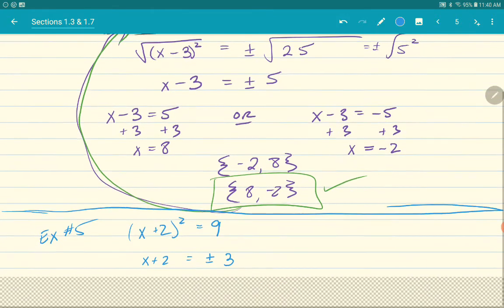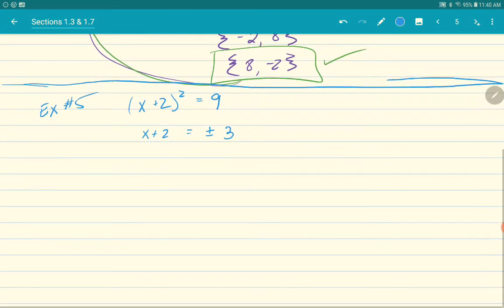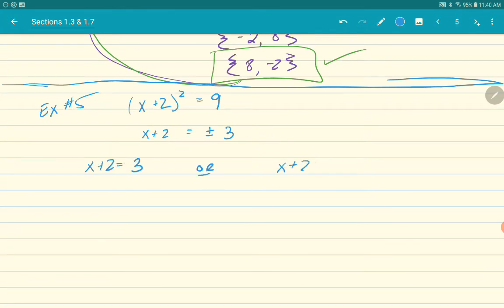And that is really two equations, so I'm going to break that into x plus 2 equals positive 3, or x plus 2 equals negative 3. And then subtracting 2 from both sides, I get x equals 1, or x equals negative 5.